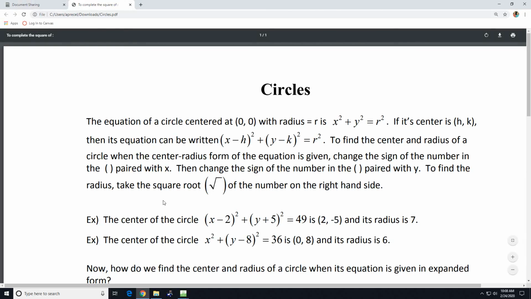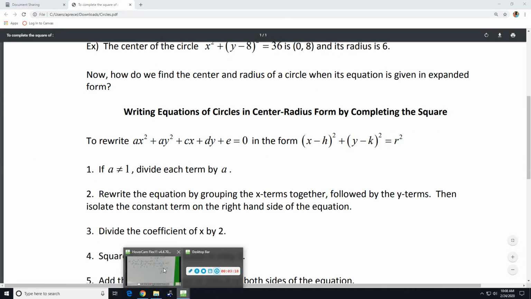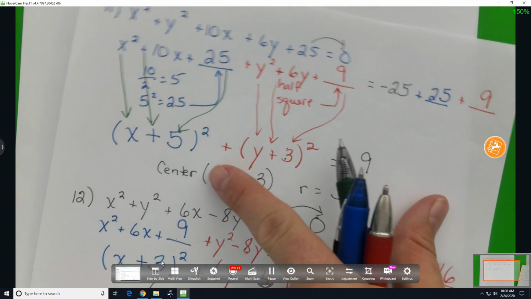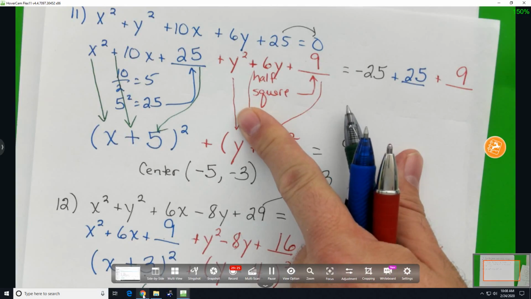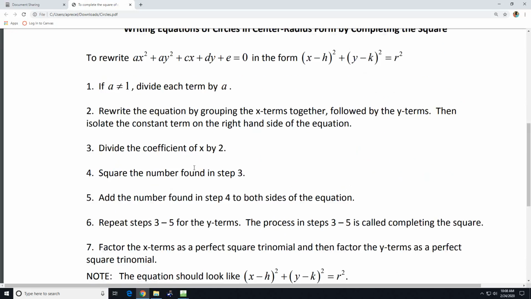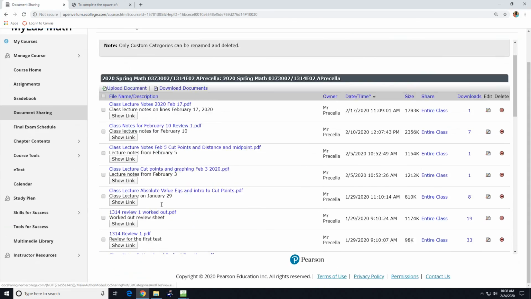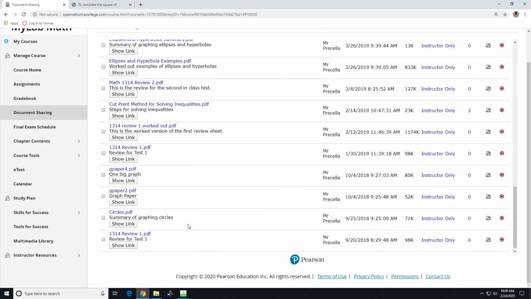But if you want to see what we were doing here as a recipe, how did I do number 11? What are the steps? Then that's what this little thing is right here. And it's about to be under document sharing. It will show under your document sharing right now.